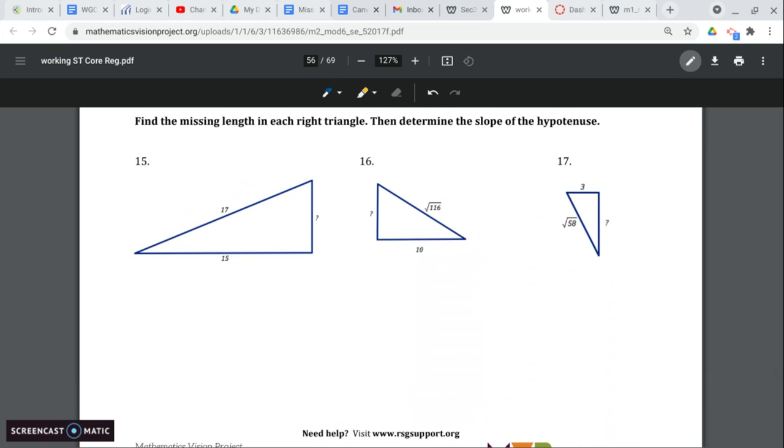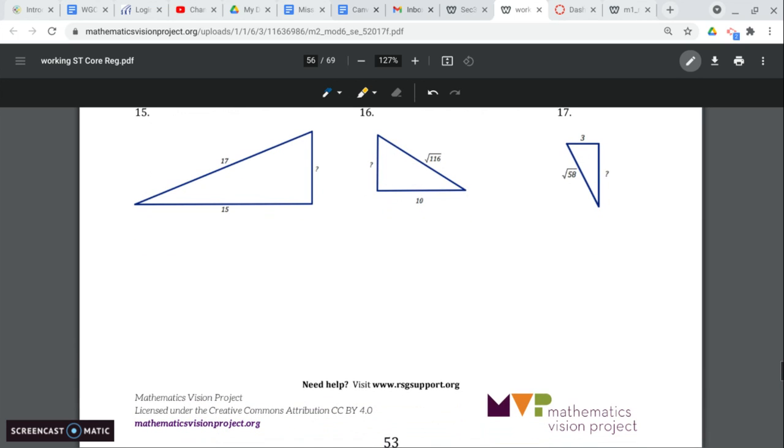All right, the last part we are looking at is finding the missing side length in each right triangle, then determining the slope of the hypotenuse. So if we look at 15, we've got 17, 15, and question mark. So 17 squared equals 15 squared plus x squared. 17 squared is 289, I believe.